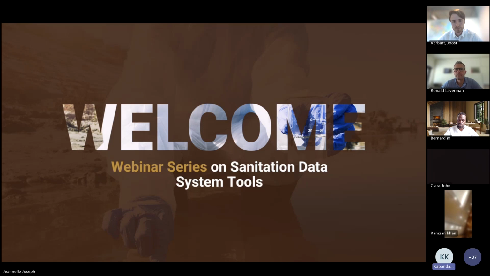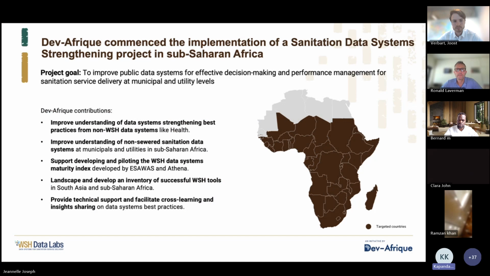The main objectives for this project have been to improve the understanding of data systems, strengthening best practices for non-WASH data systems like health, and how those best practices can be transferred to the WASH sector to inform improved and enhanced data systems development and strengthening across the sector.